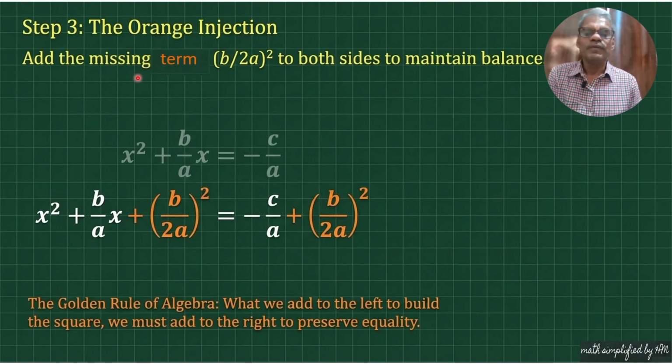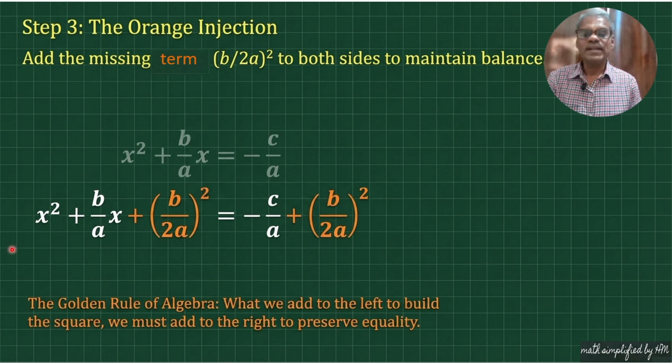Now we will inject a new term. Add the missing term (b upon 2a) whole square to both sides to maintain the balance of the equation. We have x square plus b upon a into x is equal to minus c upon a.